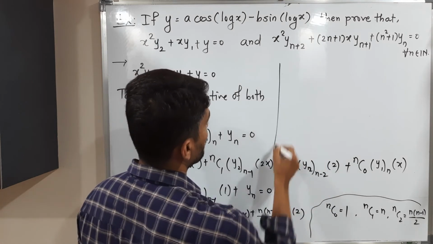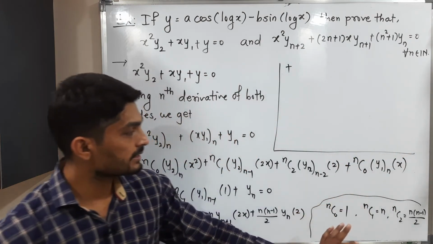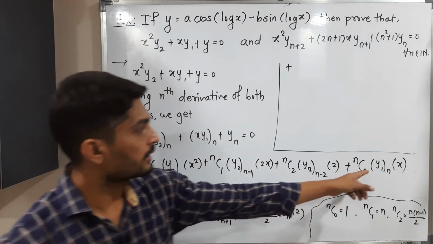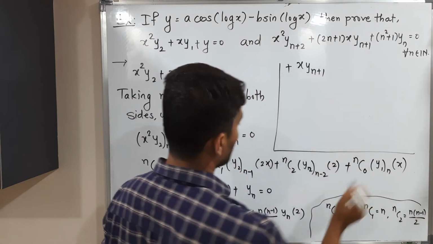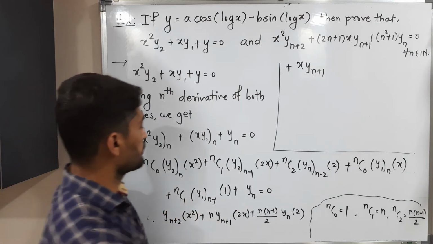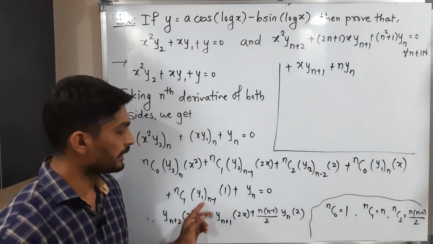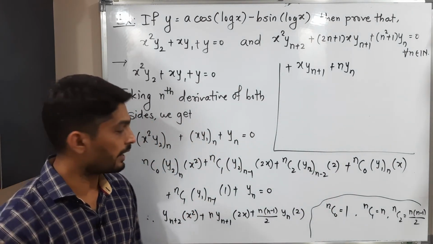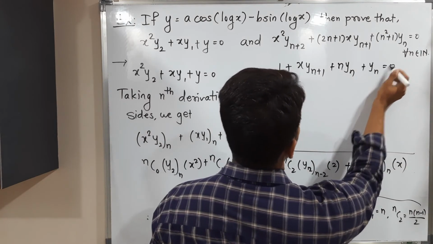Let us continue here, plus nC0, which is 1, so x y n plus 1. Next, nC1 is n, plus n times yn. So 1 and n minus 1, if you add, will be yn, one more yn. So this is equal to 0.